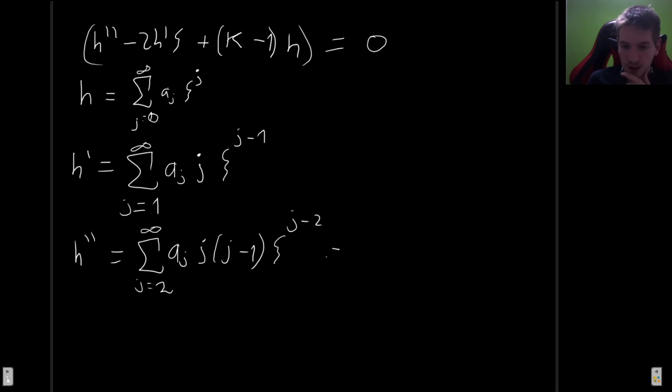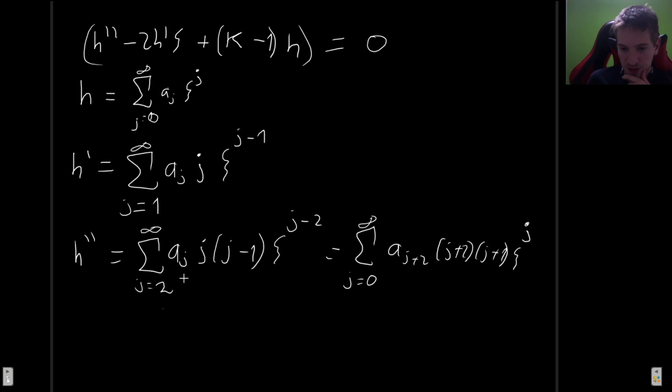And now we apply the shift I was talking about. We go from j to j plus 2, so all of these j's will be j plus 2 now. So it's going to be j plus 2, j plus 1. The purpose of that is so that this can be psi to the power j. And this is going to start at 0 now.